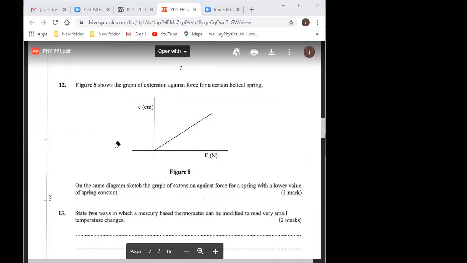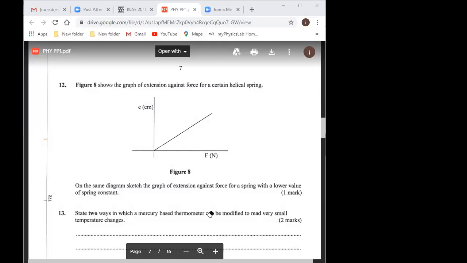The figure below shows a graph of extension against force for a certain helical spring. On the same diagram, sketch a graph of extension against force for a spring with a lower value of the spring constant. So a spring with the lower value of spring constant, do you expect it to extend more or less? That is what we need to ask ourselves.